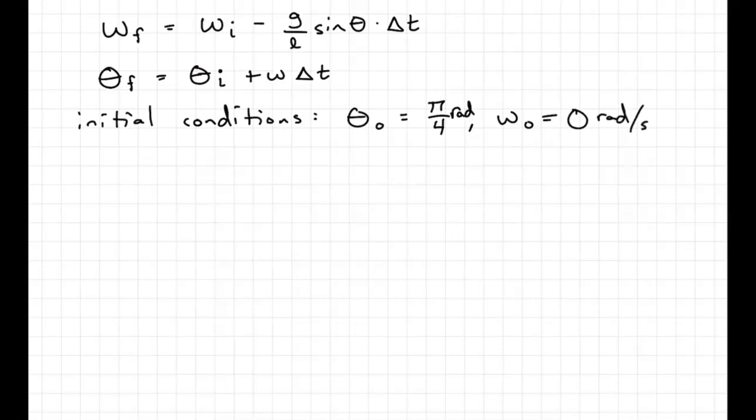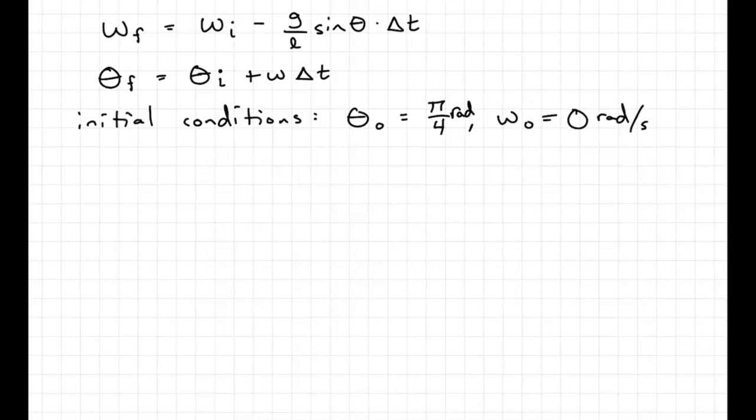Okay, so how do we do this? We also need to choose a time step. The smaller our time step is, the more accurate this will be. You don't necessarily know how small your time step needs to be to make it accurate before you start. I'm just going to choose a time step that seems reasonably small, and we'll see how it works out.